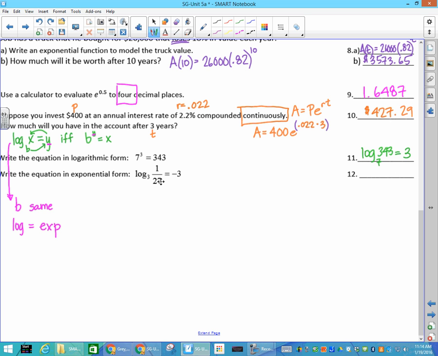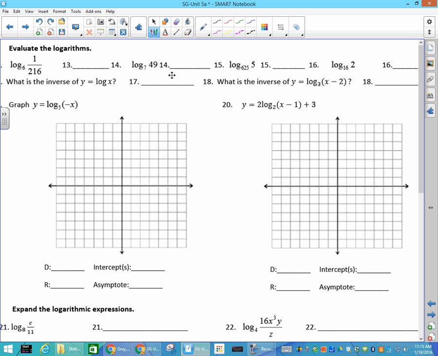It makes it a little bit easier to go from exponential, because here's my base, so I'm doing 3 raised to that number equals that. So 3 to the negative 3 equals 1 over 27.